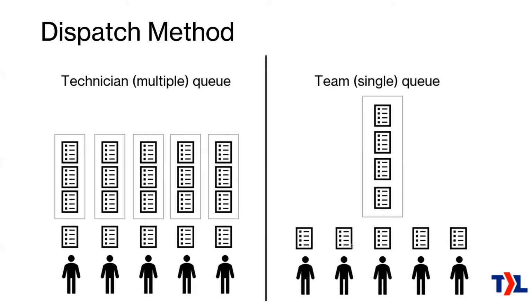In this mode, work does not get assigned to an individual technician until someone actually starts it. So when an engineer is free to take on new work, they just come and take what's at the beginning, claim that for themselves, assign themselves to the ticket, and then they work on that. To explain this in a little more detail, you are probably familiar with seeing this in a store checkout. This would be the traditional model of a grocery store checkout.